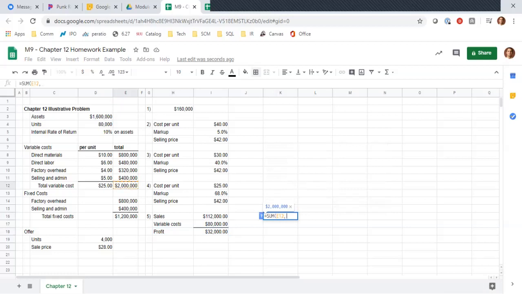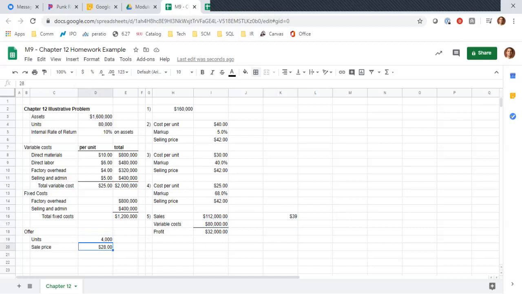Total costs are our variable costs there, our fixed costs there, our variable costs here, divided by our total units, which is going to be 80,000 for our regular business, 4,000 for our planned business here. Okay, so our total cost is $39 per unit, and we're only selling these at $28 per unit.